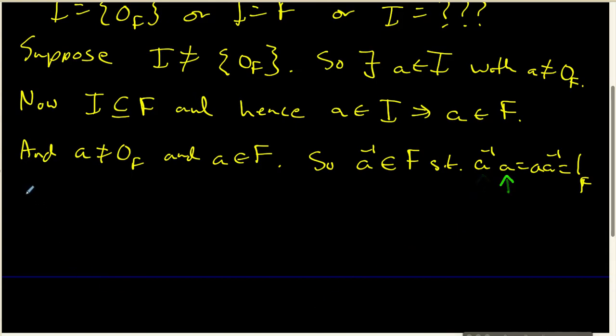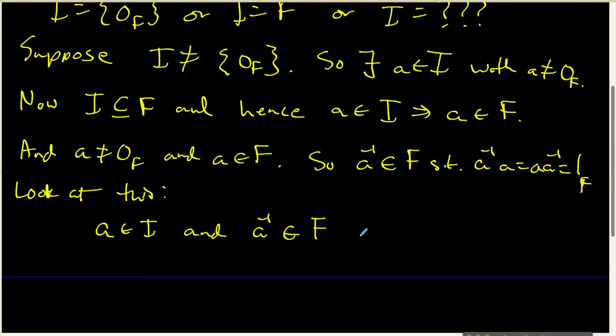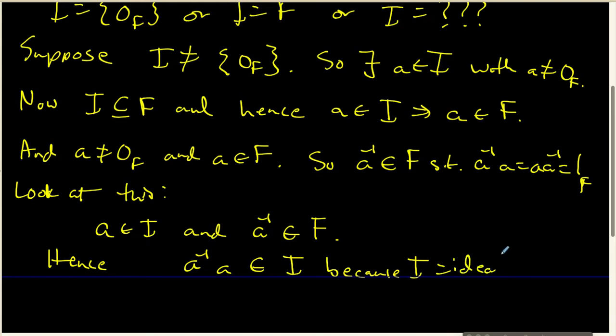In other words, I know that a belongs to my ideal, and I know that a inverse belongs to the field F. Hence, a inverse times a has to belong to the ideal, and that is because I is indeed an ideal.